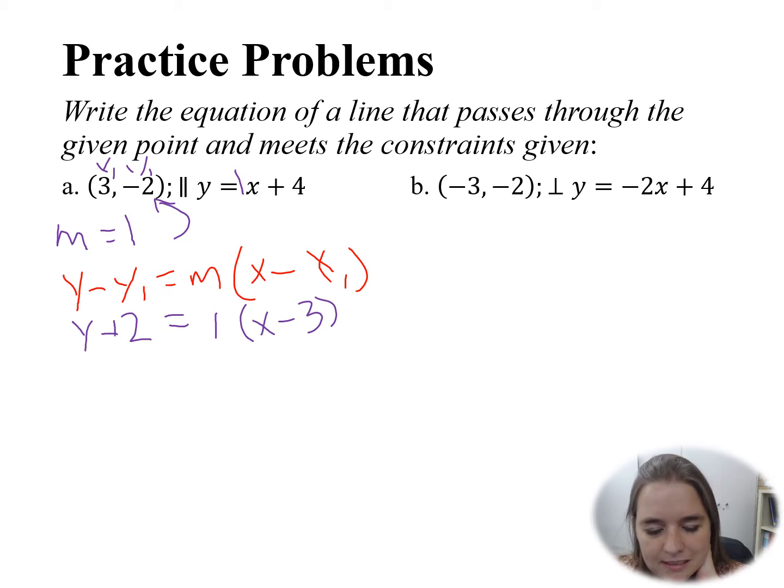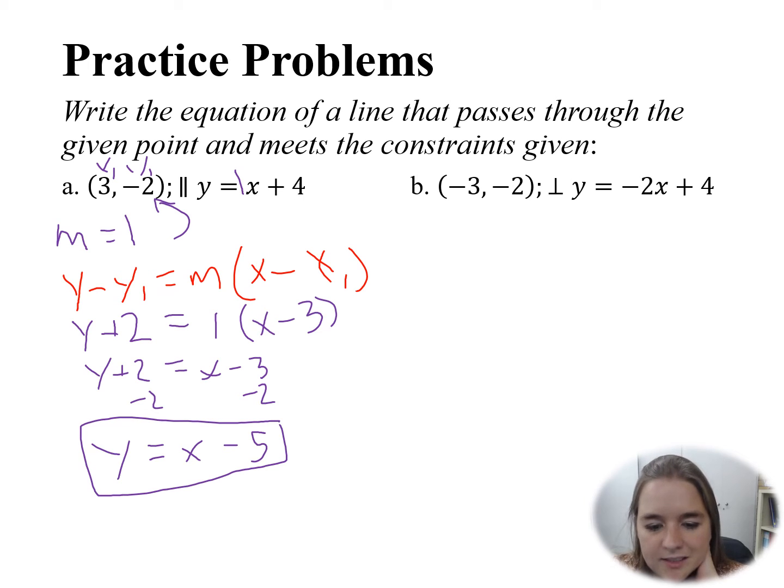So what I'm going to do is I need to shuffle things around so I have y equals mx plus b. To distribute a 1 doesn't change anything here, so I'm going to have y plus 2 equals x minus 3. Last step, take away 2 from both sides, and I get y equals x minus 5.